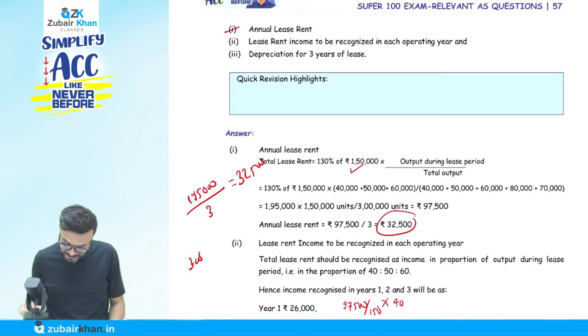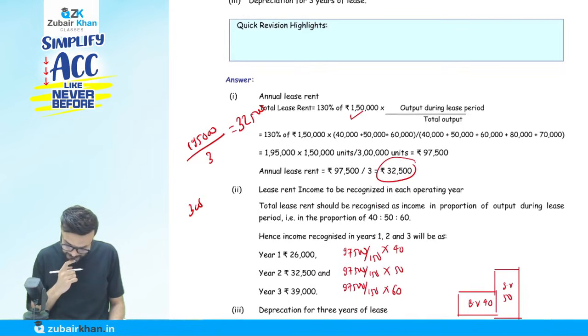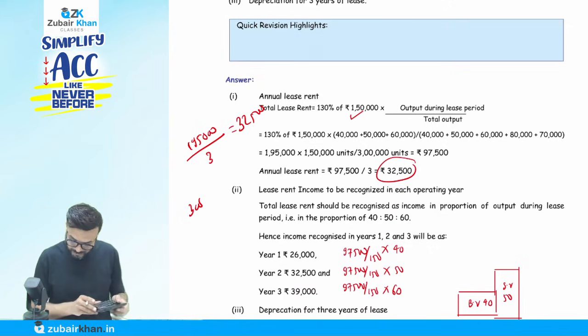Okay, then they say, just give me a minute. What have they done? They have done the calculation 1,95,000, which is 1,50,000 plus 30%.